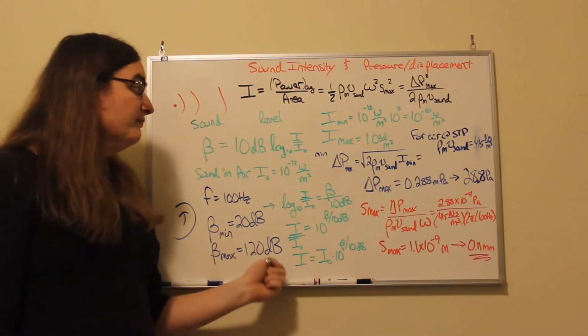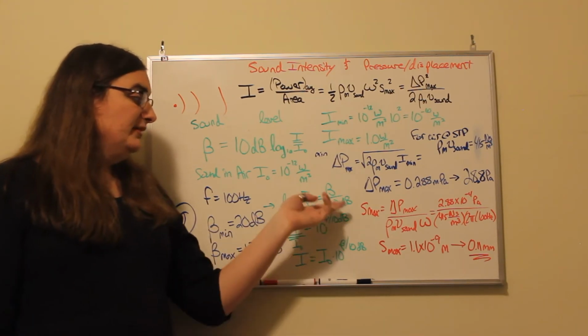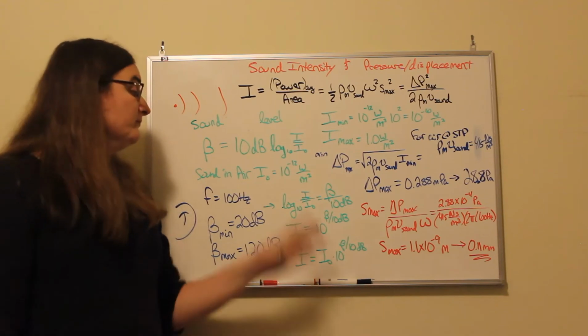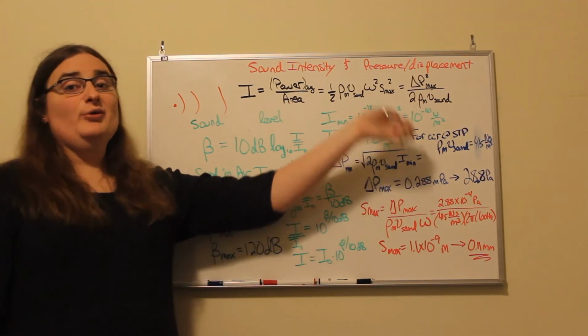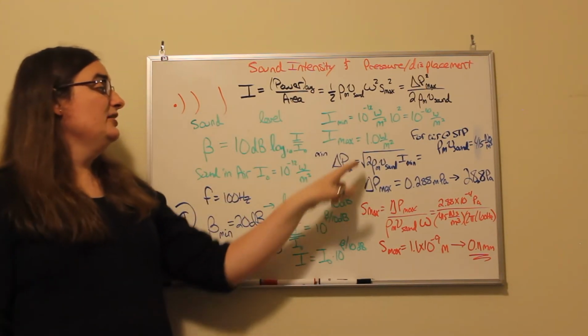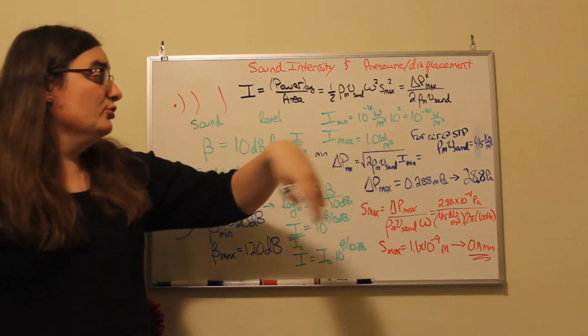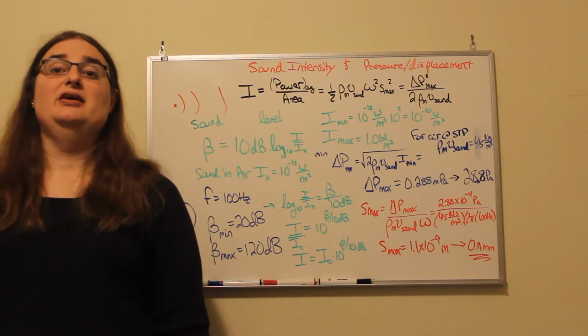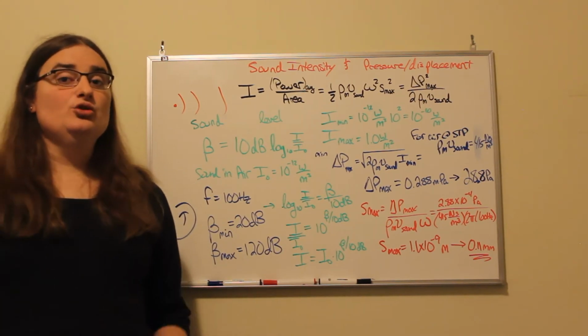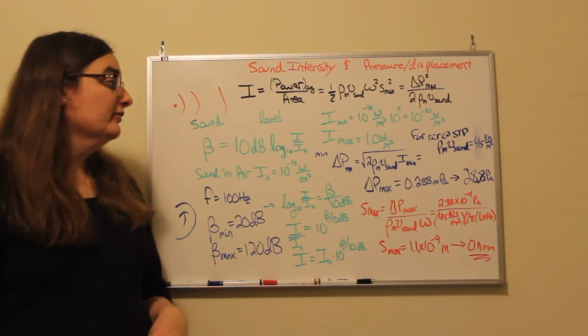Now for the threshold of pain, 120 decibels divided by 10 dB gives me 12, and 10 to the 12 times 10 to the negative 12 gives me 1 watt per meter squared. So 1 watt per meter squared at any frequency hurts instantly. You will cause instant damage to your ear.